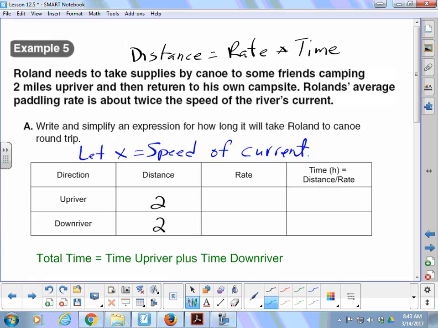So if x is the speed of the current, then his paddling speed is 2x, because he's paddling twice as fast. So Roland's paddling speed or rate is equal to 2x.